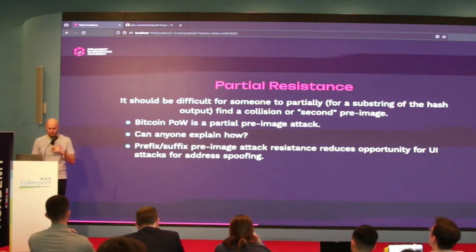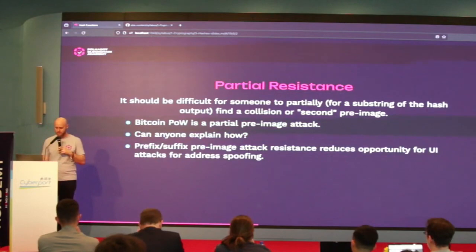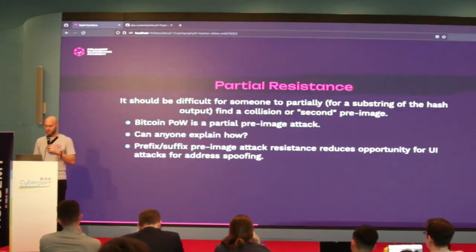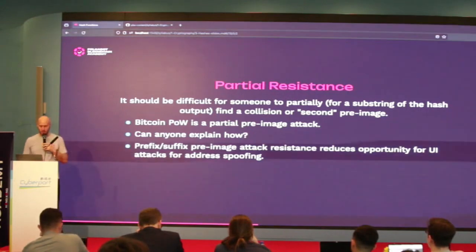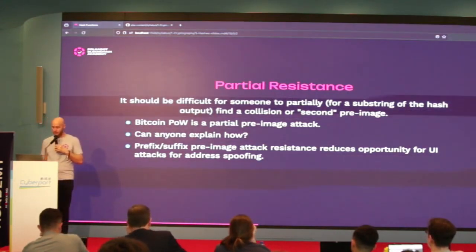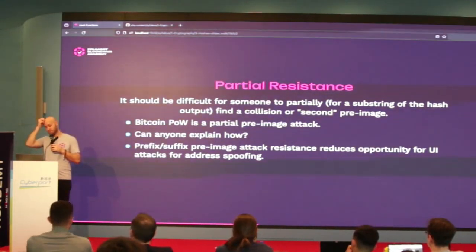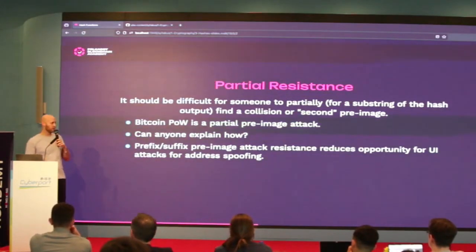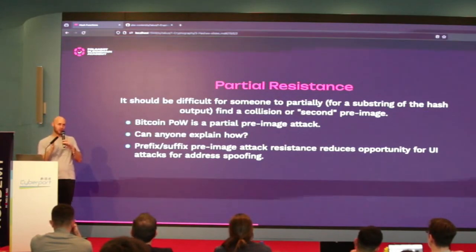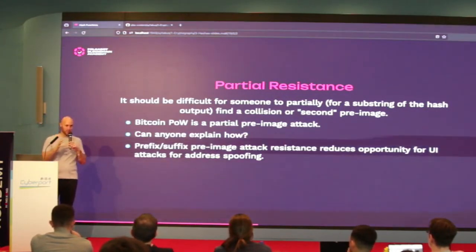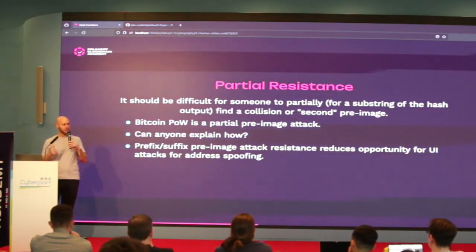This prefix suffix preimage attack resistance. There's this thing like address spoofing, where you don't want people to be able to create an address which looks really close to another address, and then people think they're interacting with, say, your account, and it's actually somebody else's.